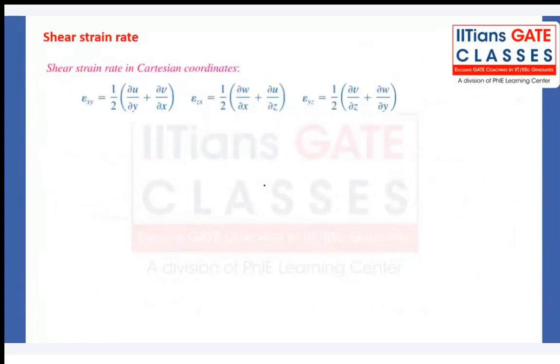Note down the shear strain rate. Shear strain rate, very very important. What is the meaning of shear strain rate? Whenever the fluid particles, yes, basic elasticity, but per unit time we have to study.